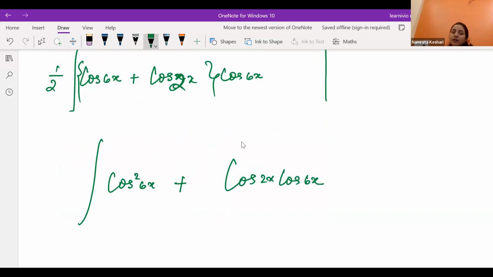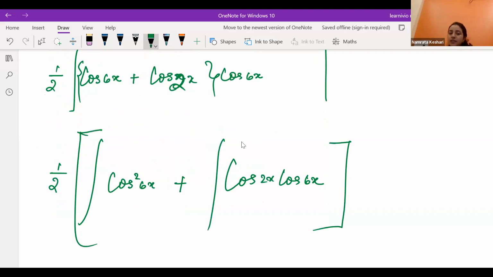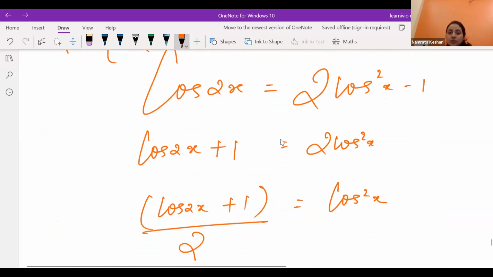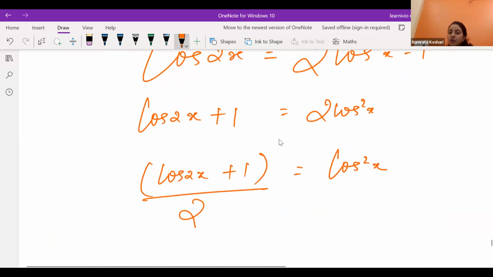For the second part, again we can use the same concept, same logic, right, Annapurna? Yes. What about the first part? The same formula, cos square 6x is there. For cos square x, this is the formula, right?